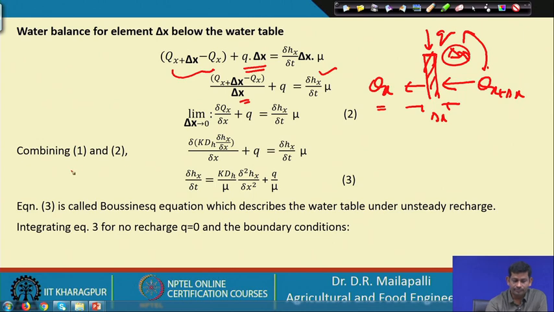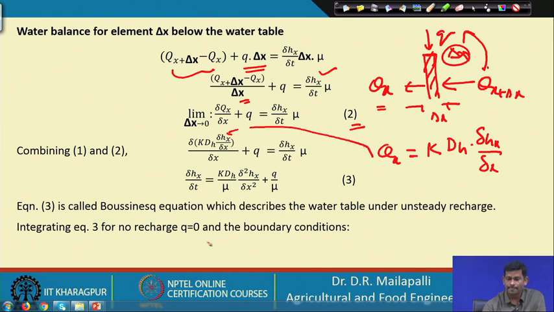Here delta x is divided on both sides. In the limit, when delta x tends to 0, we get delta q x by dx plus q equal to delta h x by delta t into mu. Now combining this equation 2 and the previous Darcy's equation, we substitute for q x, where q x is equal to k into d h into delta h x by delta x. Arranging the terms, you get delta h x by dt equal to k d h by mu into delta square h x by delta x square plus q by mu.